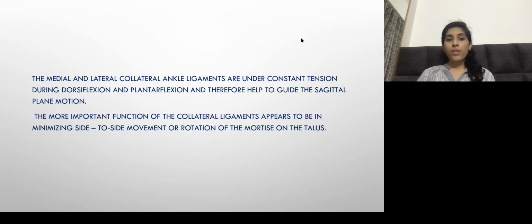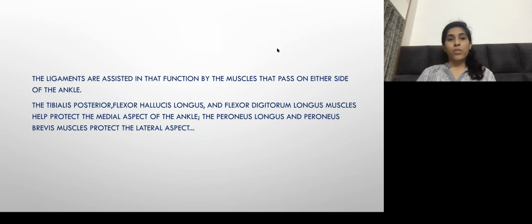The important function of the collateral ligaments appears to be minimizing the side to side rotation, or side to side movement, of the mortise on the talus. So ligaments assist the function of the muscles that pass either side of the ankle joint. Along with the ligaments, the muscles are also responsible for providing a stable surface.